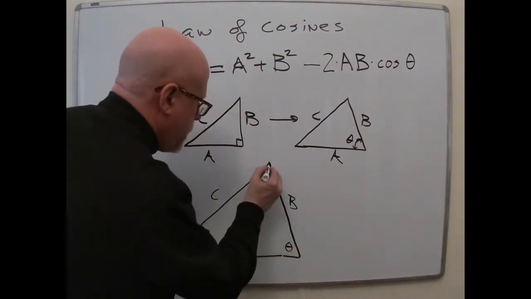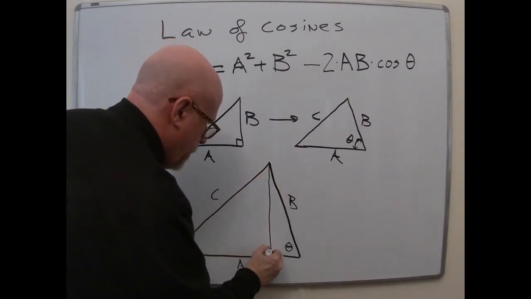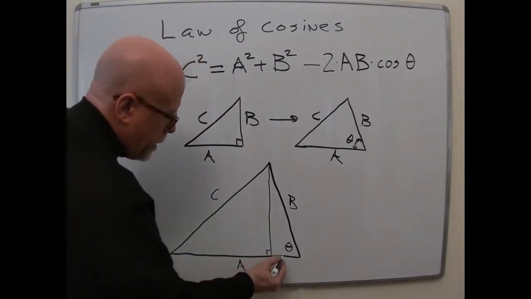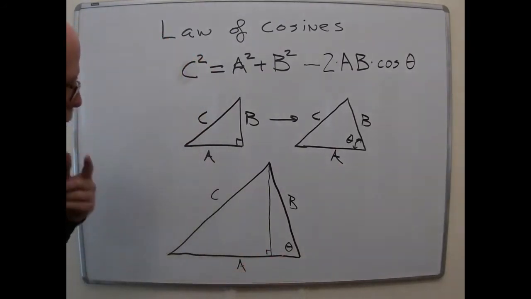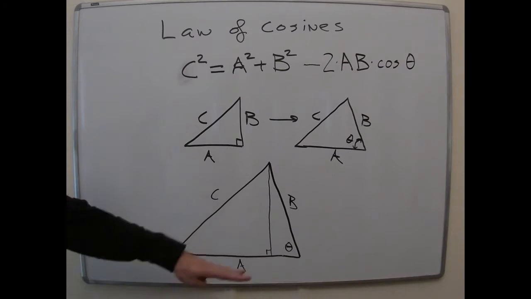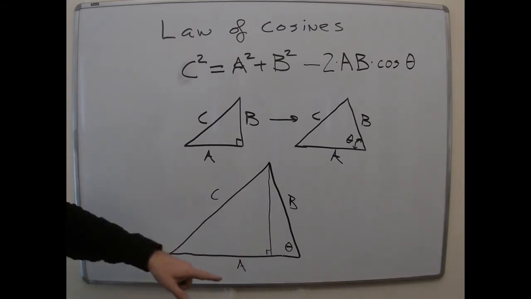The main idea is this. We're going to drop a perpendicular from the apex of that triangle, the way it's drawn. So that'll be 90 degrees at the bottom. And we are going to analyze the two pieces of the bottom edge that this dropping of the perpendicular has created for us.